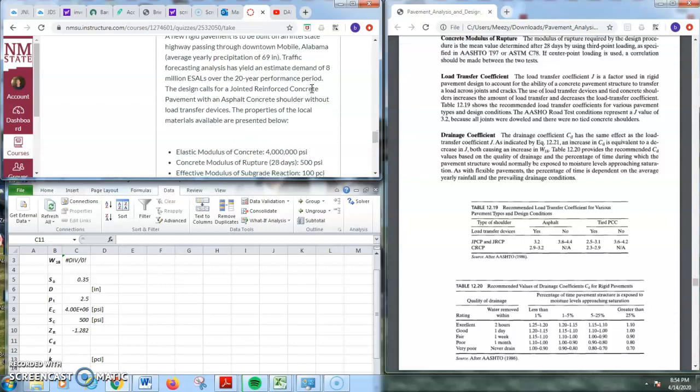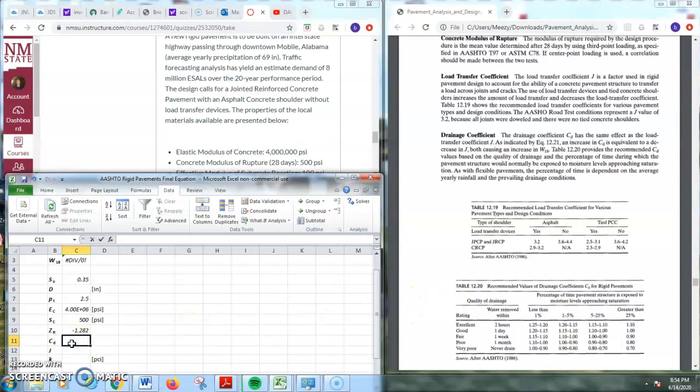For 69 inches a year, I'm going to go with 0.9 for our drainage coefficient.